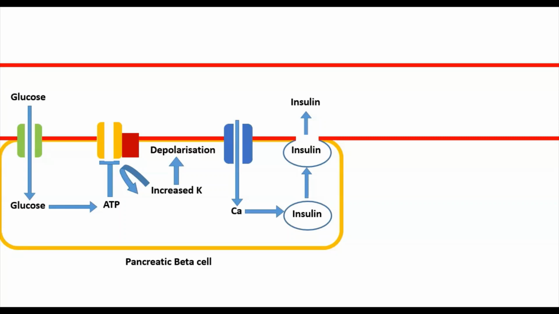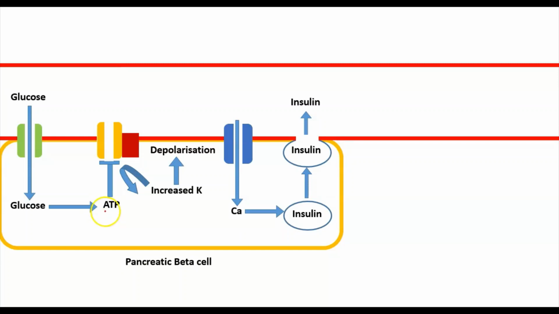This process of glucose-dependent insulin secretion occurs at the level of the pancreatic beta cells, also known as the islets of Langerhans. When there is a spike in the glucose level, for example, after a meal, there will be an increased amount of glucose that enters the pancreatic beta cell via this transporter here known as GLUT2. This glucose is then metabolized into ATP that is used for cellular functions.